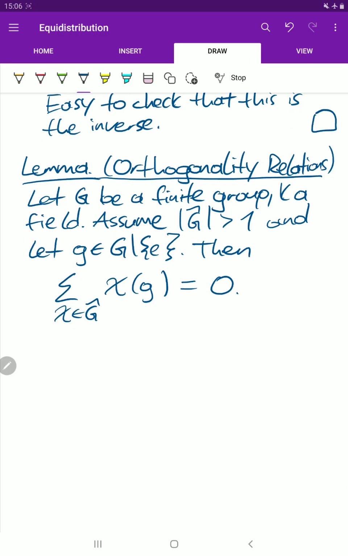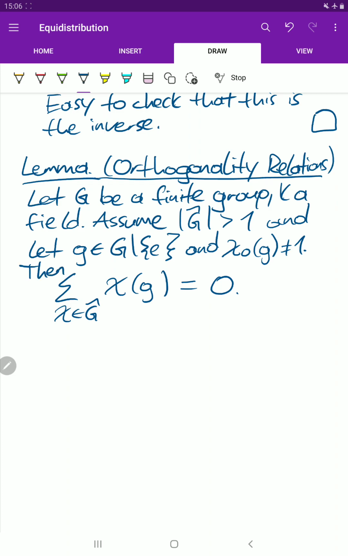Okay, so let's prove this. Actually, let me think, we need a little bit more. So actually we need, let me rewrite the statement. And chi naught of g not equal to 1.